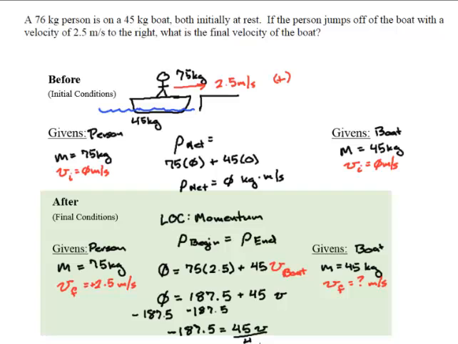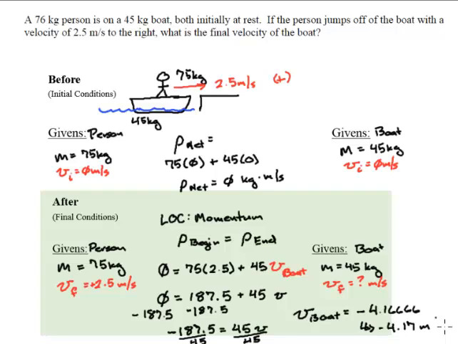When I divide by 45, I get a velocity of the boat equals negative 4.16666.